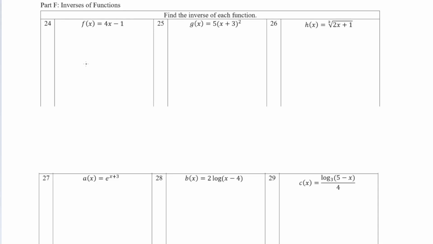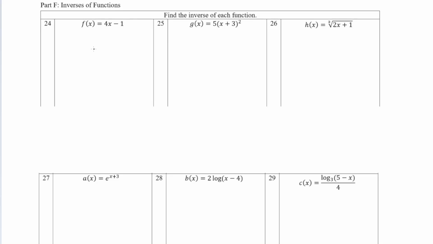That's the input for the inverse, and it'll get you the output of the inverse function. The y value of the inverse function is the x value you'd have to plug into the original function to get that y value that you plugged into the inverse.